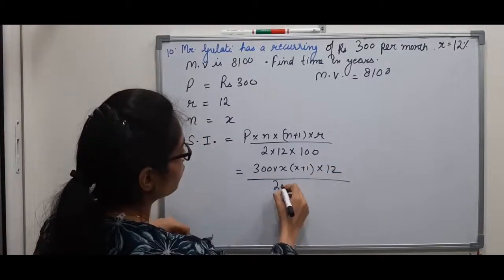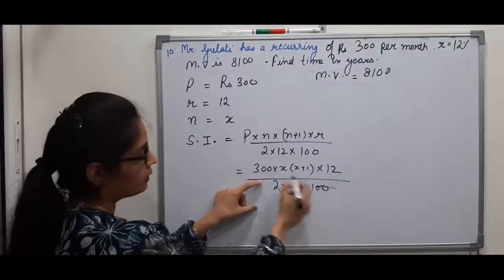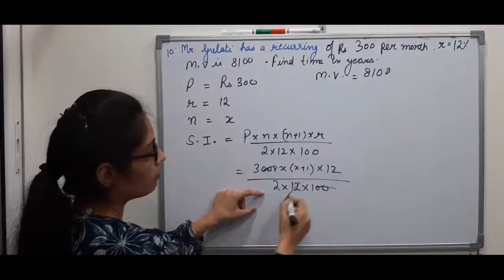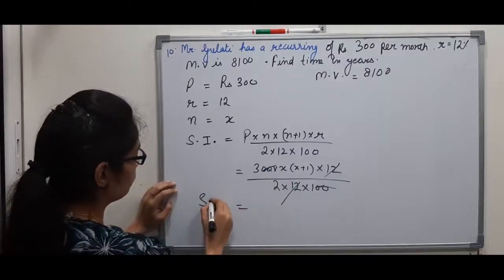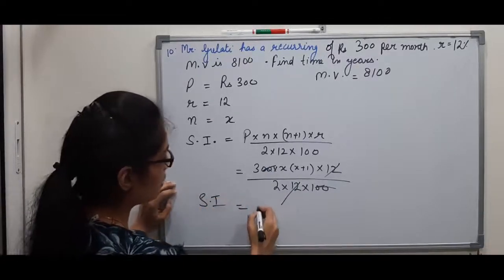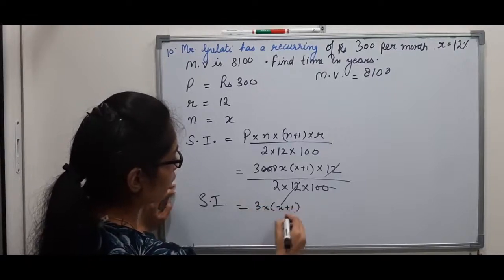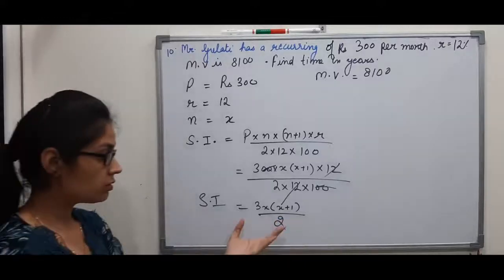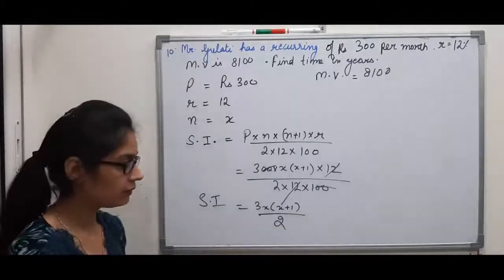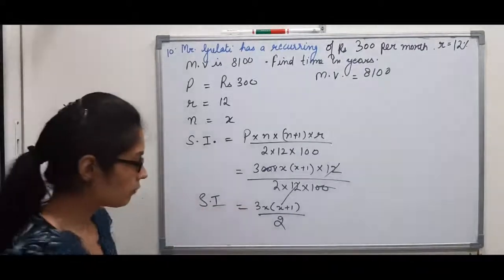We'll reduce it further. These 2 zeros will get cancelled with these 2 zeros. 12 will get cancelled with this. So what I am left with now is 3x into x plus 1 by 2. I feel this term is very complex, because it will give me some decimal number.